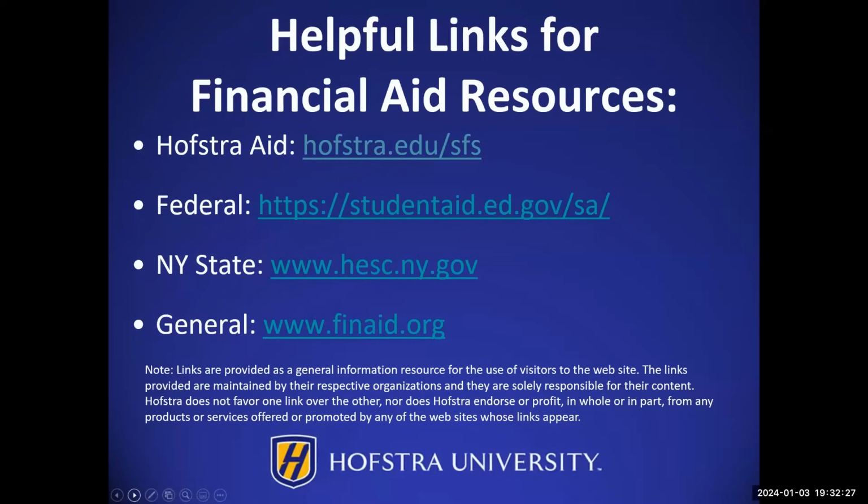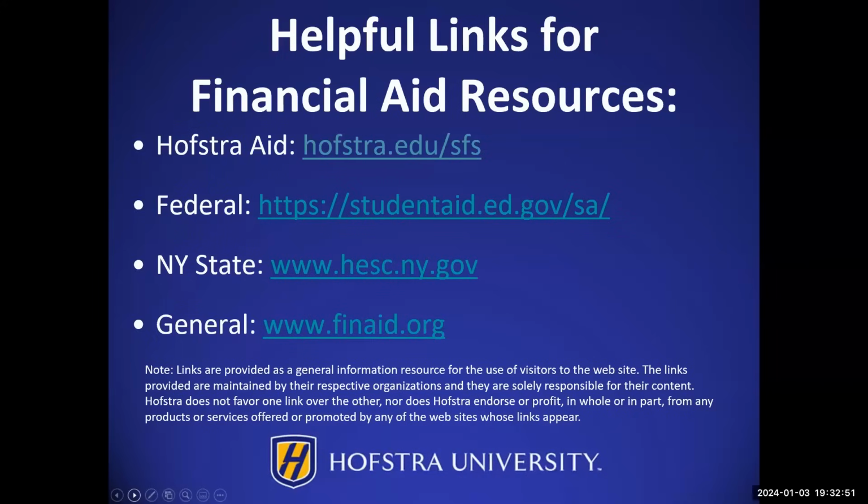If you do have any questions throughout the process, we have some helpful links and resources for financial aid. So we have our website, hofstra.edu/SFS. On here, we have any updates that we're aware of with any type of FAFSA filing or federal aid processes. We also have links to our presentations like this one if you do need any additional information.